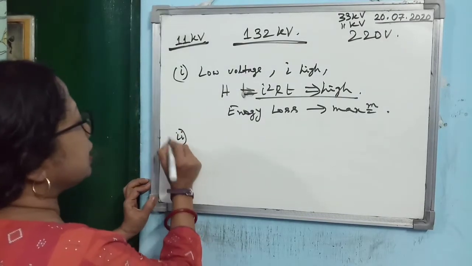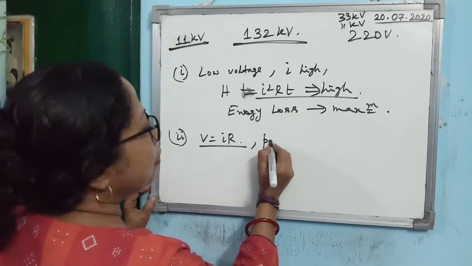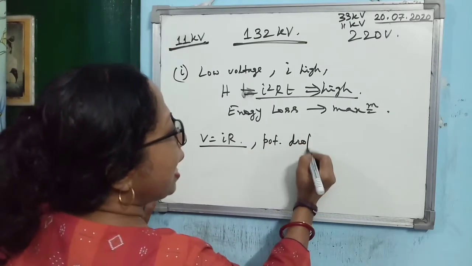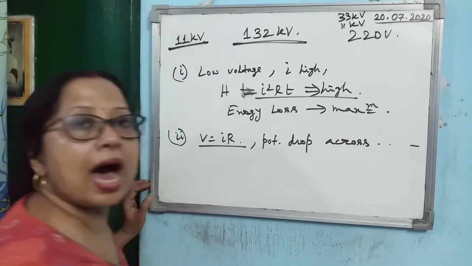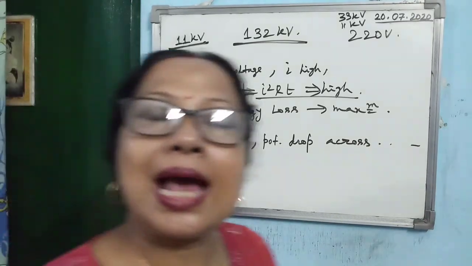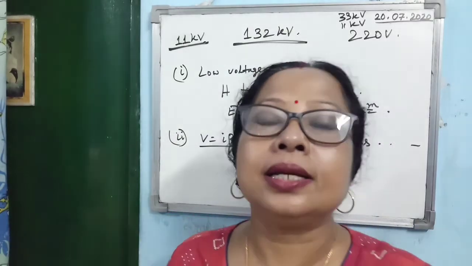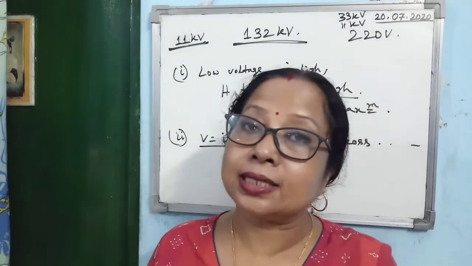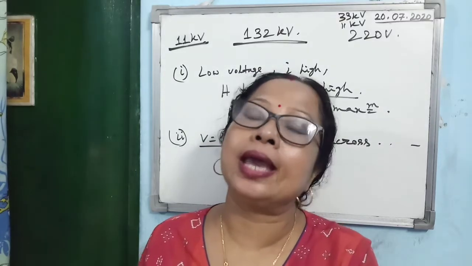Second point: V is equal to IR. So the potential drop across the transmitting cable will be high. The voltage at which the power is transmitted will not be available at the receiving end.